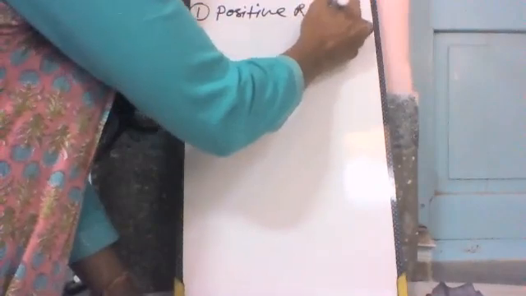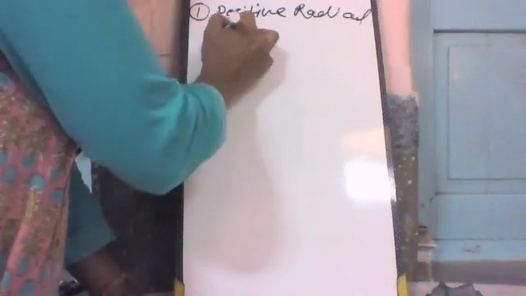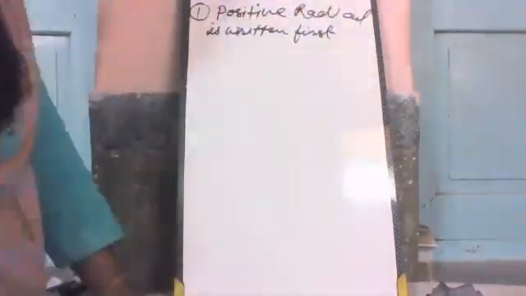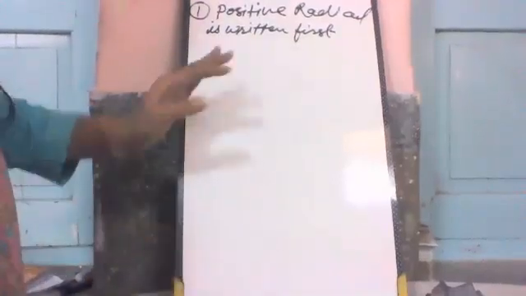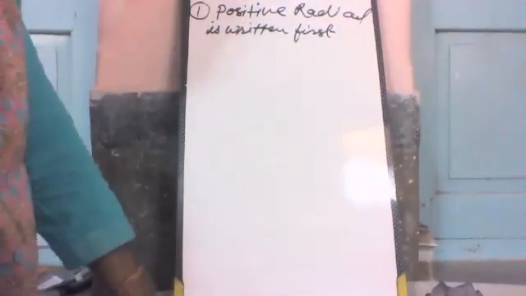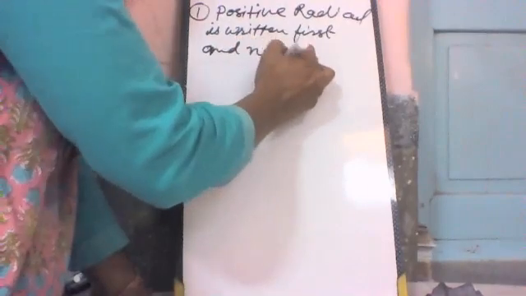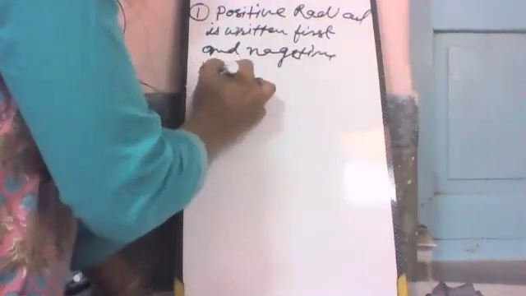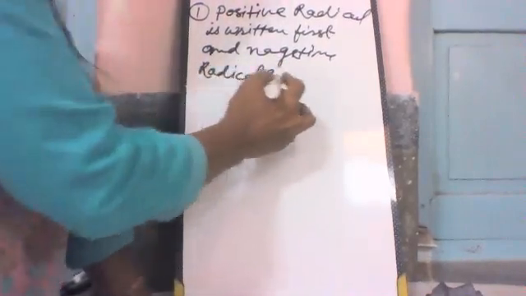The positive radical is written first, with its valency, whether it is +1, +2, +3, whatever it is. Then the negative radical with its valency is written later.